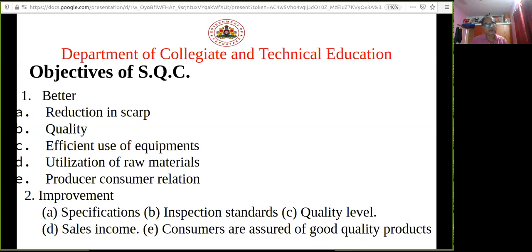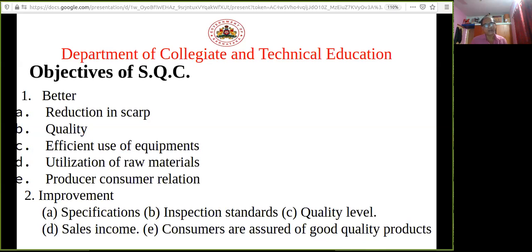Then the operator goes through the charts pasted beside the machine. Immediately he takes corrective action, so the process will be under control and we are going to get quality products.